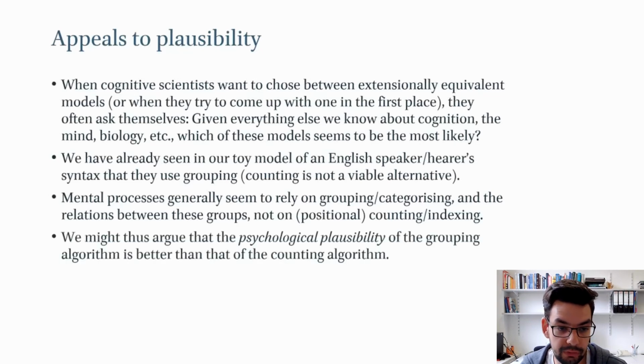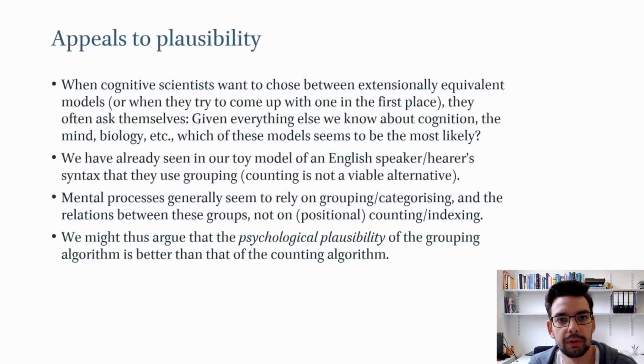So we might thus argue that the psychological plausibility of the grouping algorithm is better than that of the counting algorithm. Given everything else that we know about human cognition, it's much more plausible that they use grouping than linear position counting.